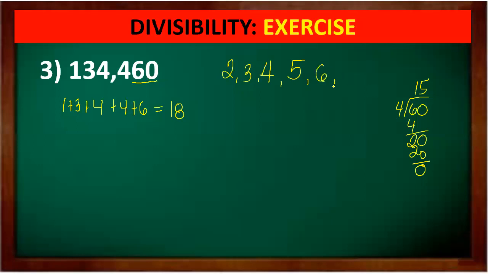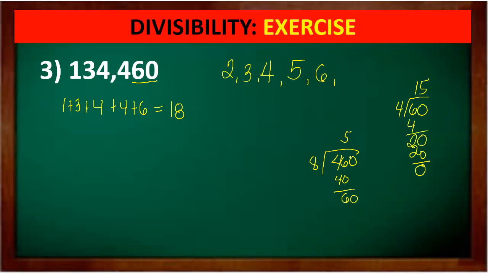Okay, dali lang. How about 8? So, check natin kung divisible by 8 siya. Okay, so sabi, ang last 3 digits, okay, kung divisible by 8 ba siya. So, let's try divide. 460 divided by 8. Okay, that will actually give us 5, which is 40, 6, 60.